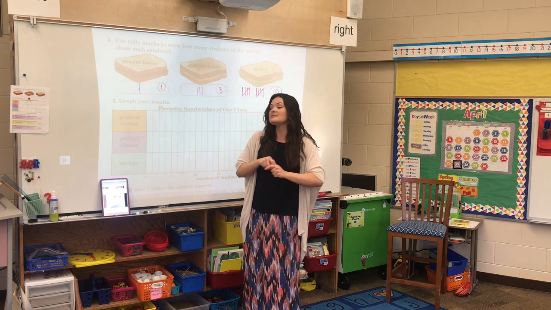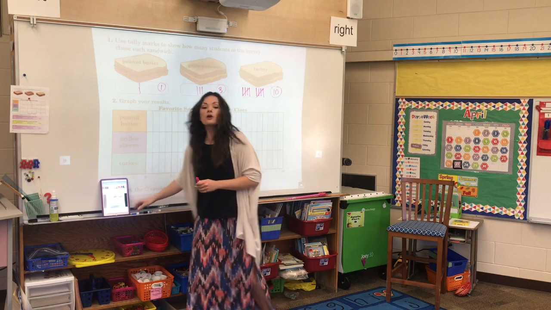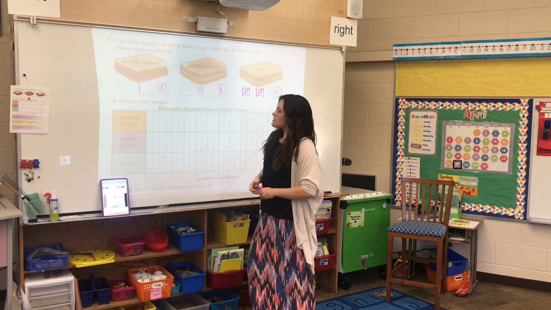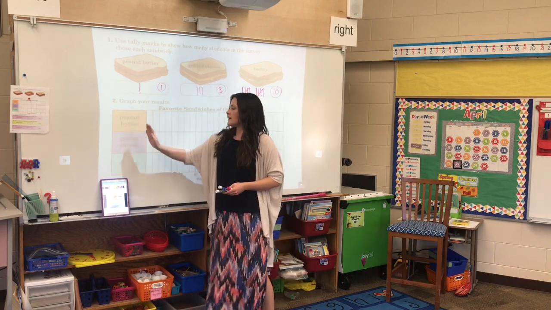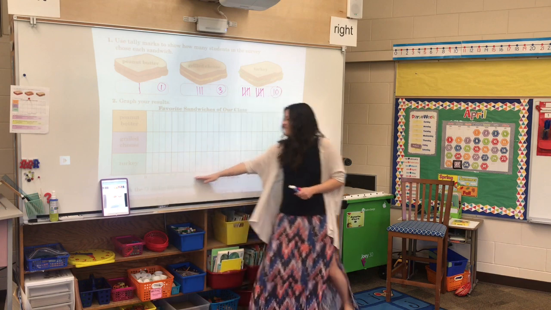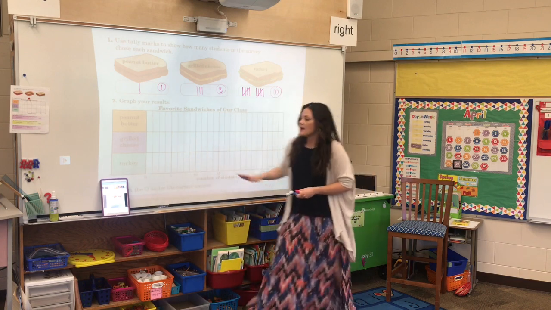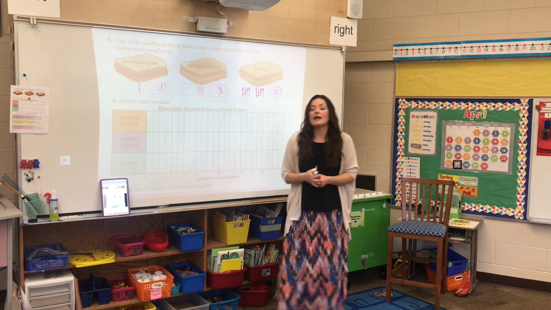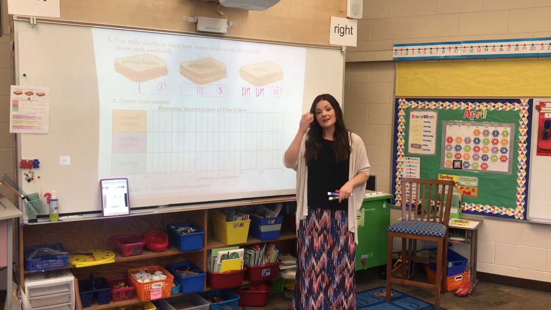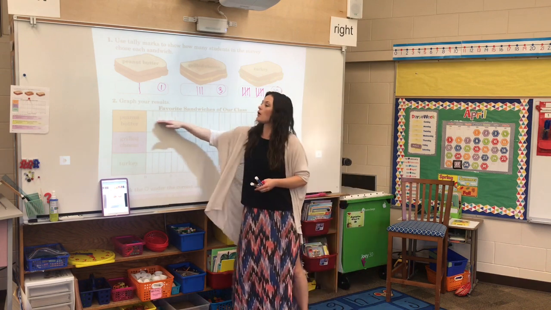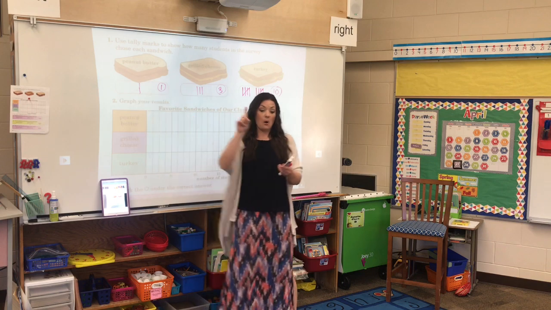So now that we've written down our information, now we're going to graph it. So first I see peanut butter and jelly. Now the way our graph works is it's counting by 5s along the bottom, okay? And then we're gonna fill in each bar for that amount of people that like that kind of sandwich. So on the peanut butter row, how many people did I have? Only 1.